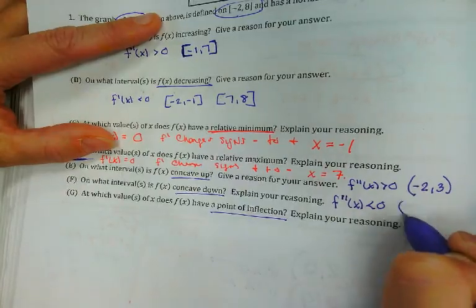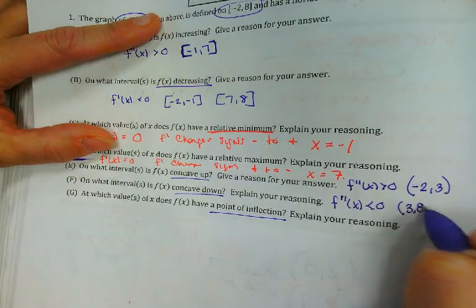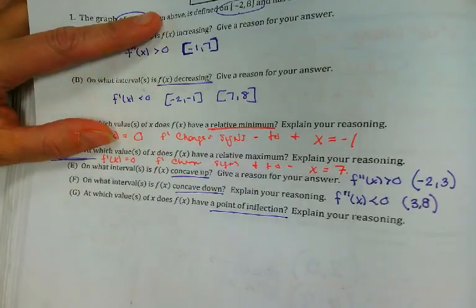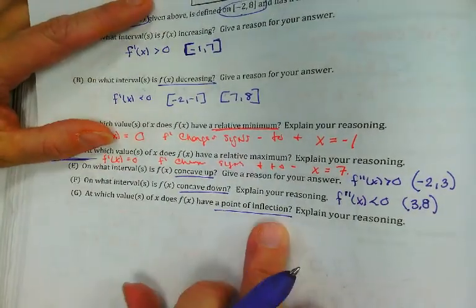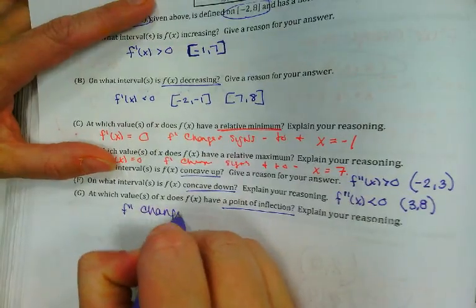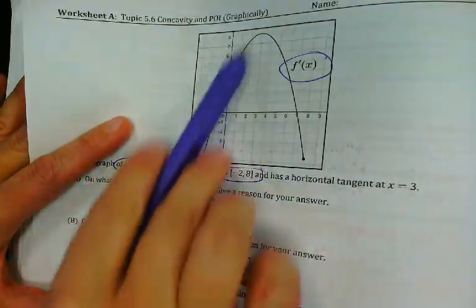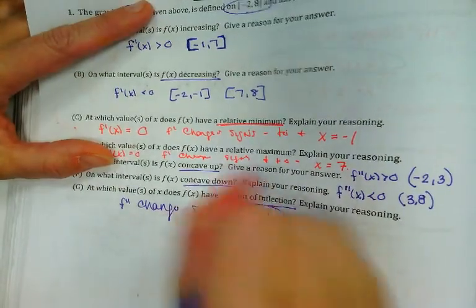Perfect. And your interval? Perfect. Okay, so again, we're just looking at the slope. Point of inflection is when f double prime changes signs. So again, I'm looking at the slope. I changed from a positive slope to a negative slope at x equals 3.